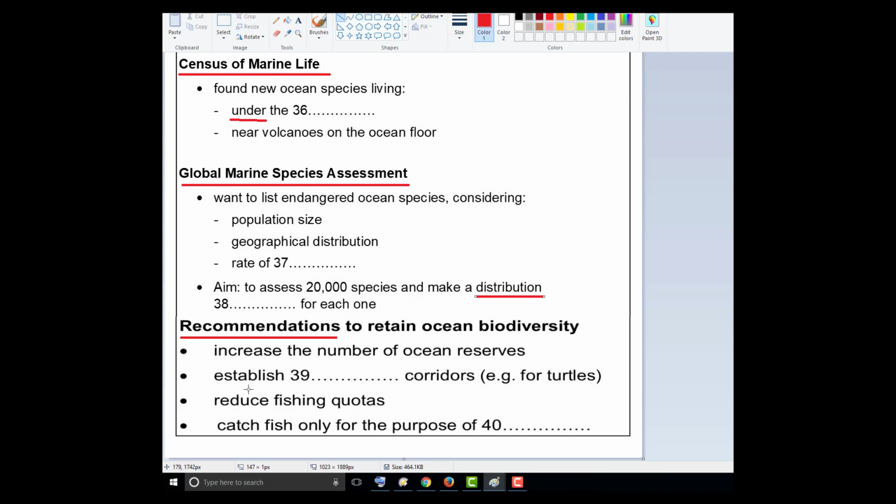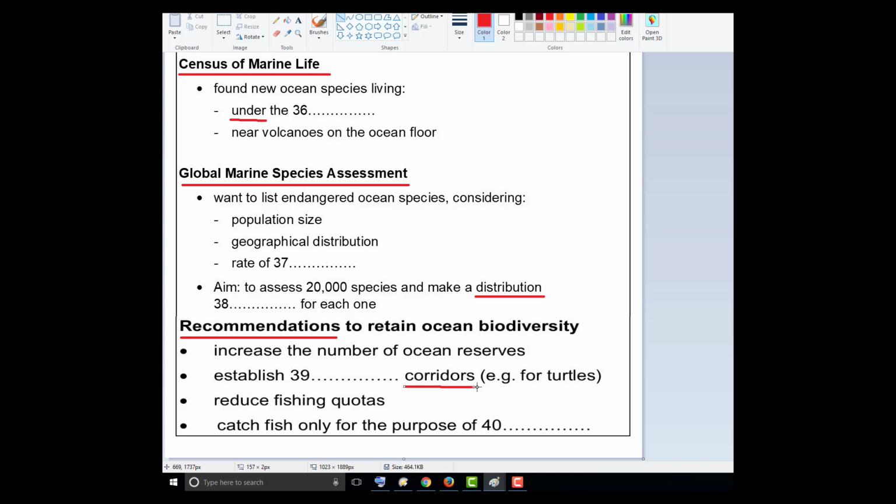Now, for question 39, here we have the word corridor. Now, you might be familiar with the word corridor in housing, where corridor means the same as a hallway or something similar to that. So in this context here, where they talk about the ocean, it has kind of a similar meaning.